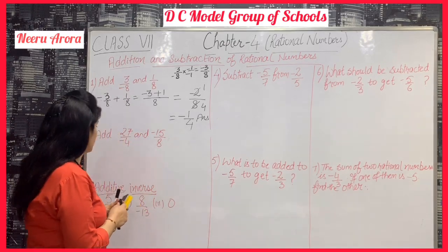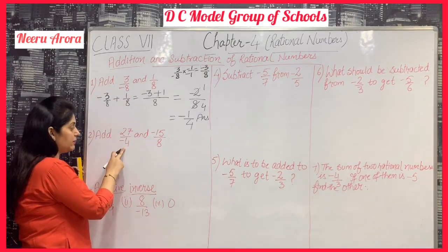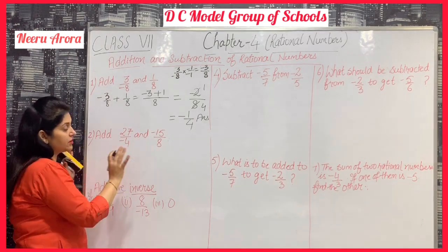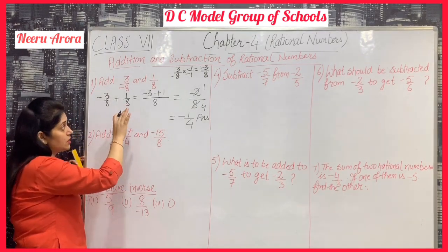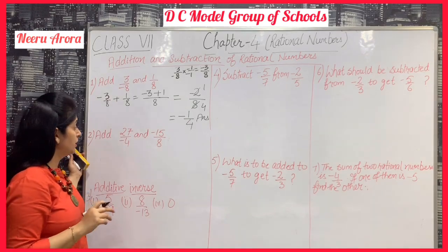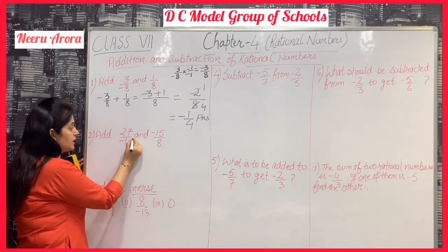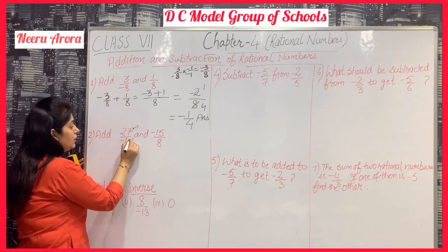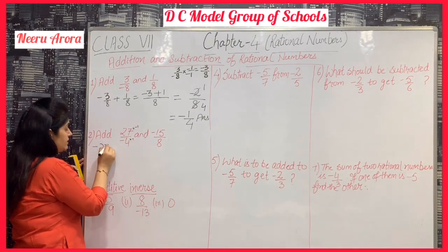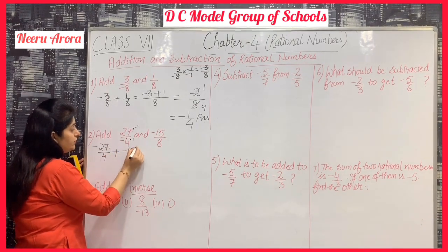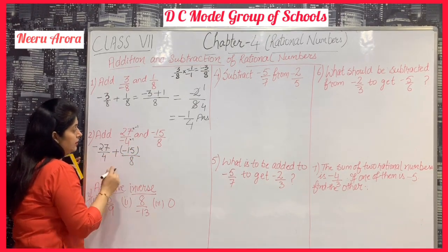Look at the second question. Add 27 by minus 4 and minus 15 by 8. In this, the denominators are not the same. In the first sum, the denominators were the same. We know that our denominator should be positive, so again we multiply by minus 1. So here, minus 27 by 4 plus minus 15 by 8.